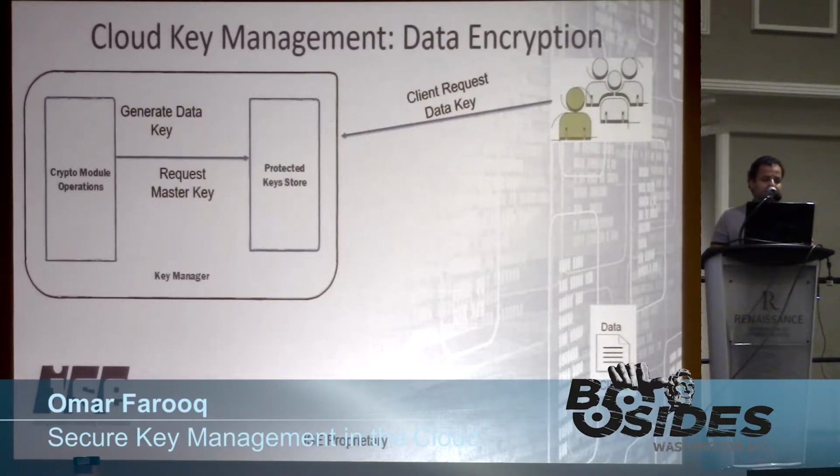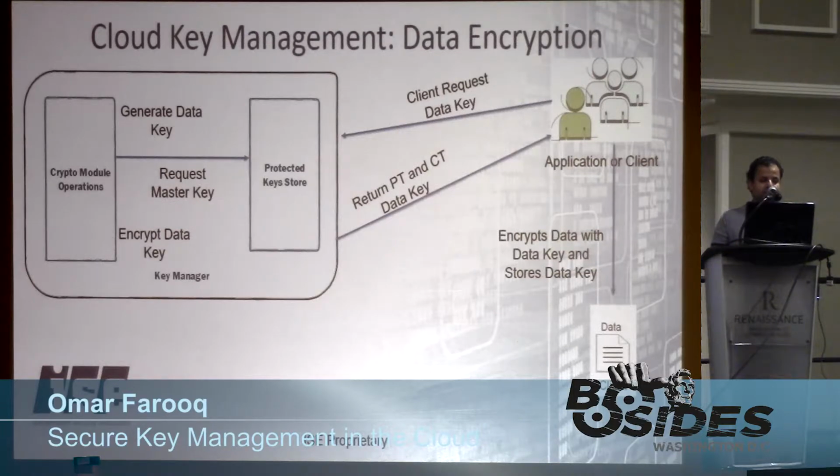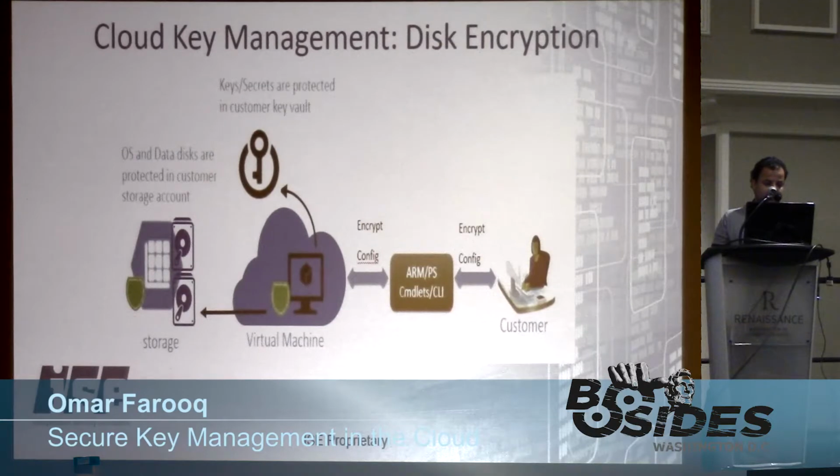The way it works is that you request the key from the key manager, the key data goes back, and then you encrypt your files, put them back into some kind of shared storage, and then you decrypt them. You can also use disk encryption methods for cloud key management.